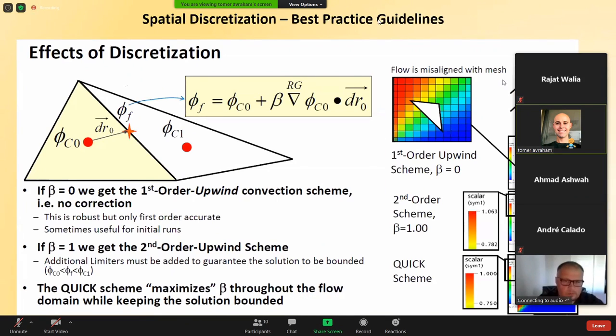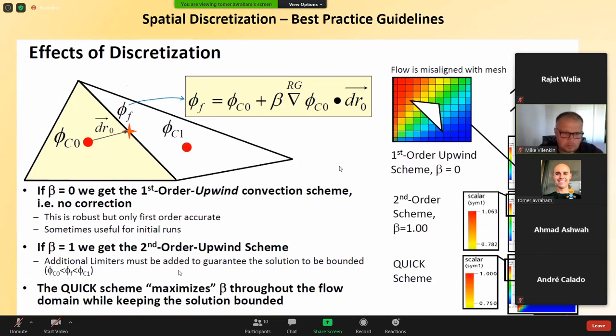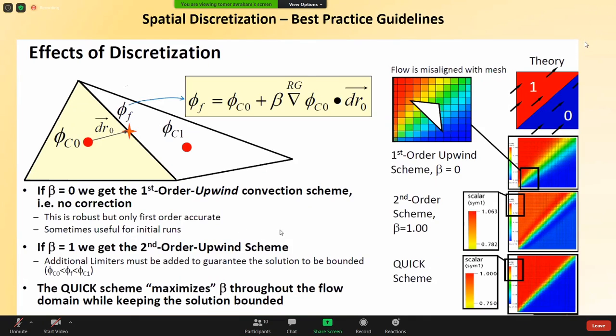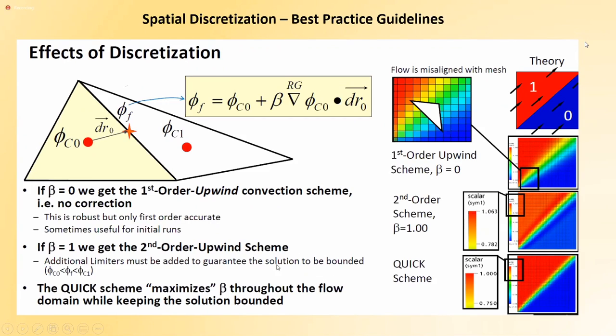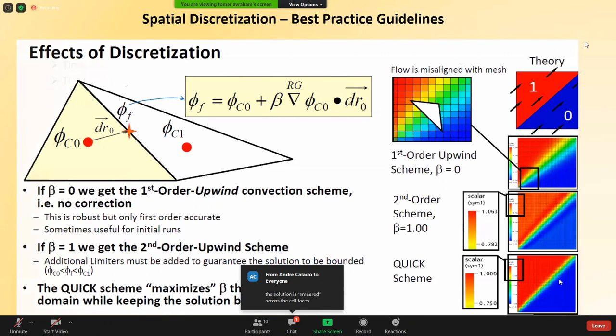But usually the QUICK scheme, as far as I know, does not improve anything over the second order upwind scheme, only in certain cases where the flow is really aligned with the cell. The same is true with the MUSCL scheme.